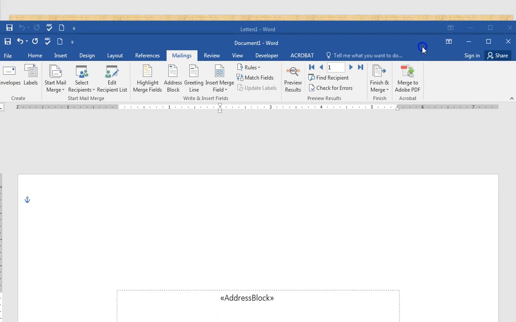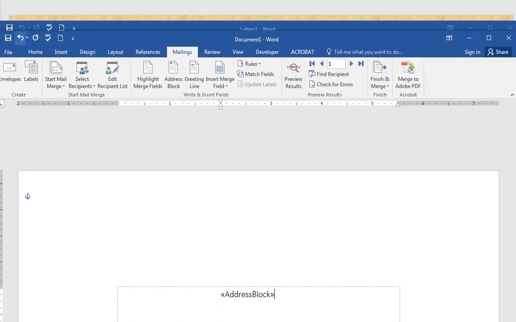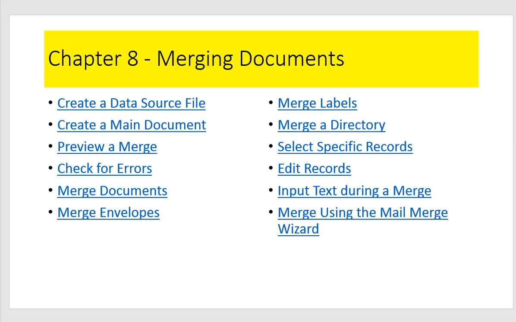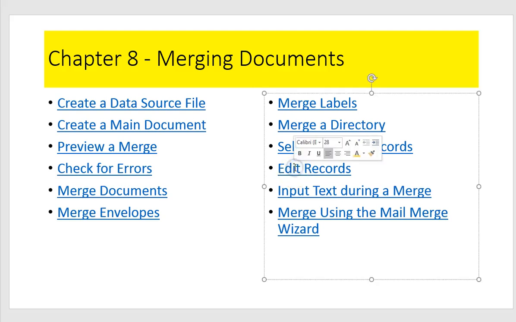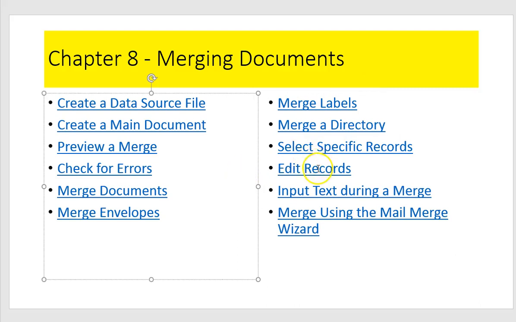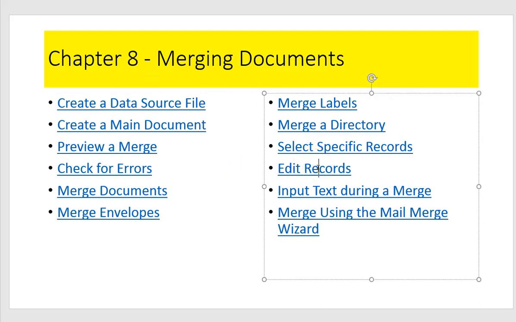That is most of this chapter, is just dealing with those merging documents. If you notice, the other things in here is you're going to learn how not only to merge, but you're going to learn how to create those data sources and how we edit those data sources. And that's something I'll review a little bit before our final to make sure you got that. You're also going to learn how to do input text during a mail merge.